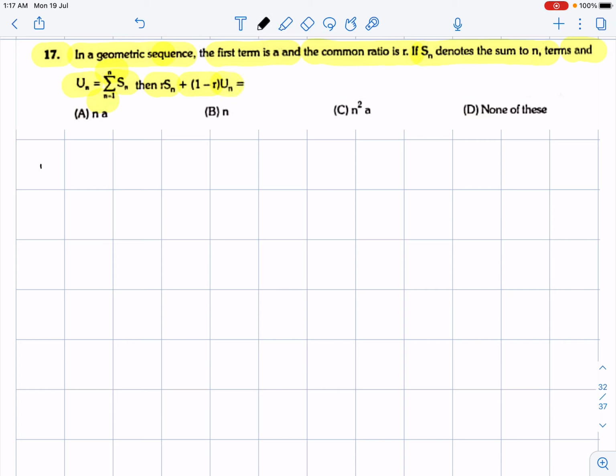So first and foremost, I'm going to compute the value of Un written over here, that is the summation from n equals 1 to n of Sn given to us.